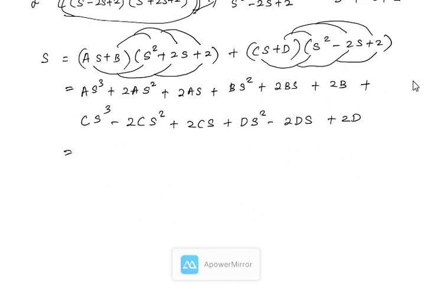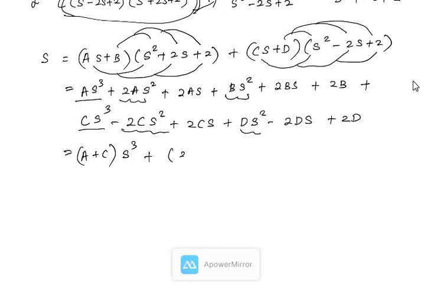So we need to collect all the s: s power of 3, s power of 2, s power of 1, and s power of 0. So next, let's start with s power of 3. We have s power of 3 here and this one. So we have a plus c, and then s power of 3. Then collect all the s power of 2. So we have this one, this one, this one, and this one.